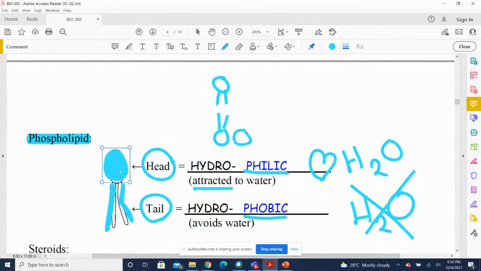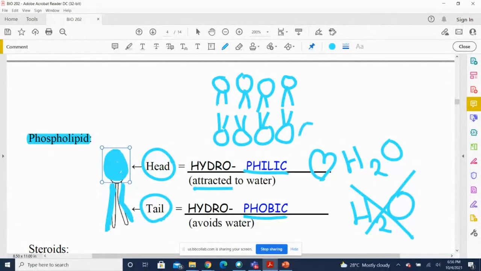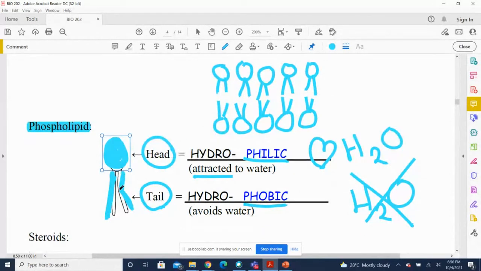If you have a bunch of them in a liquid, they tend to arrange in a way that the heads are facing towards water and the tails are facing towards each other, so that everyone gets to be in conditions where they prefer to be. And that's how we ended up having these cell membranes spontaneously arranging.